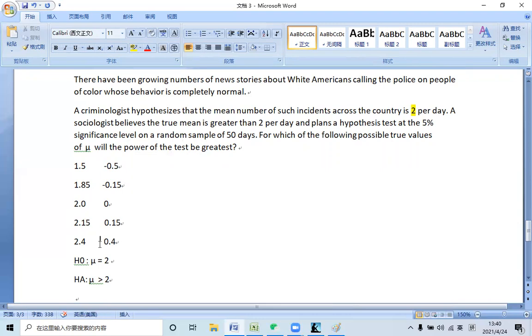The absolute value 0.5 is larger than 0.4. But we are doing a one-tailed test, not a two-tailed test. We care only about the positive differences. Among the positive differences, this one.